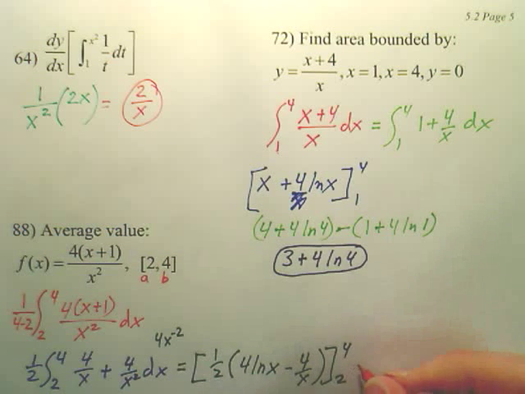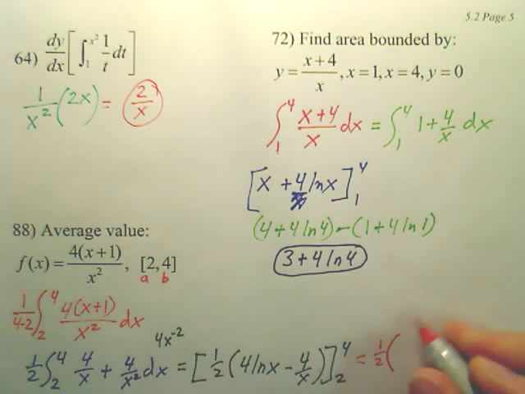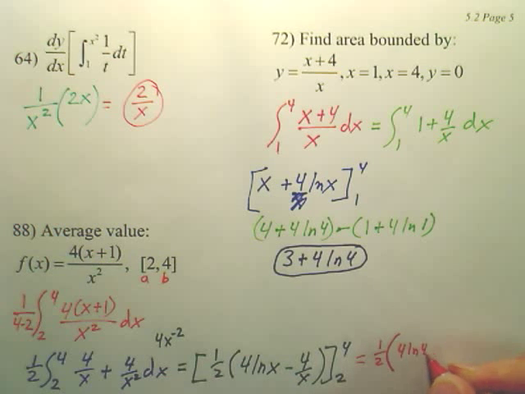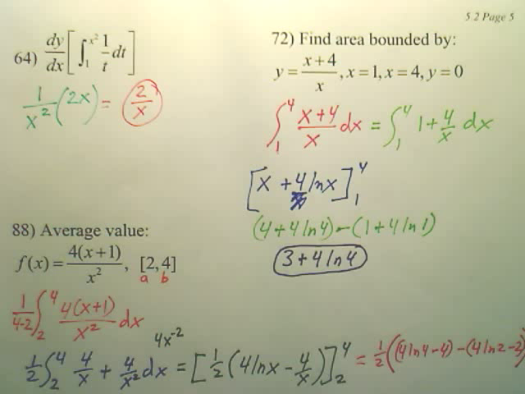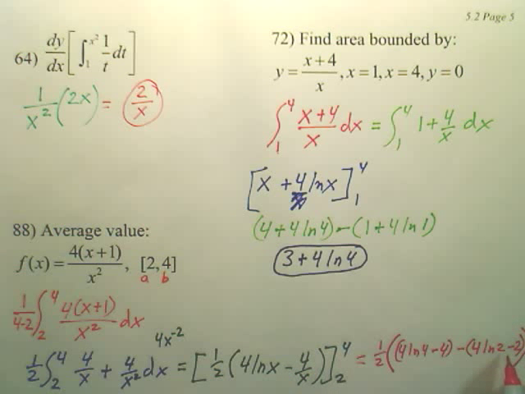And then plugging all those values in, looks like we're going to have 1/2 times 4 ln 4 minus 4 over 4, minus 4 ln 2 minus 4 over 2. 4 divided by 4 is 1, so this should be a 1 right here.